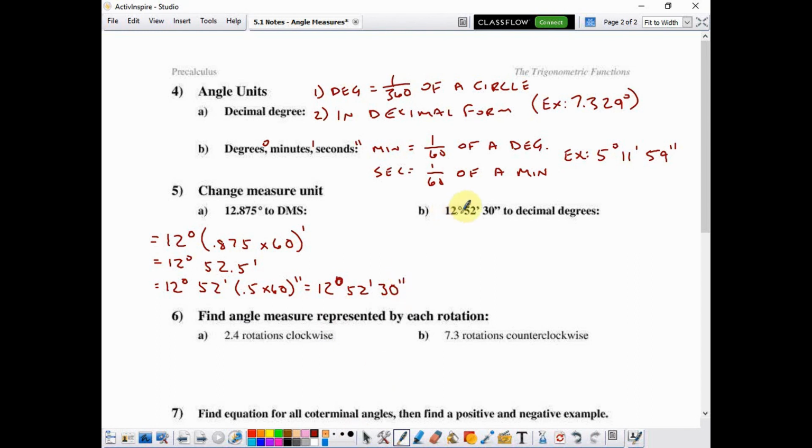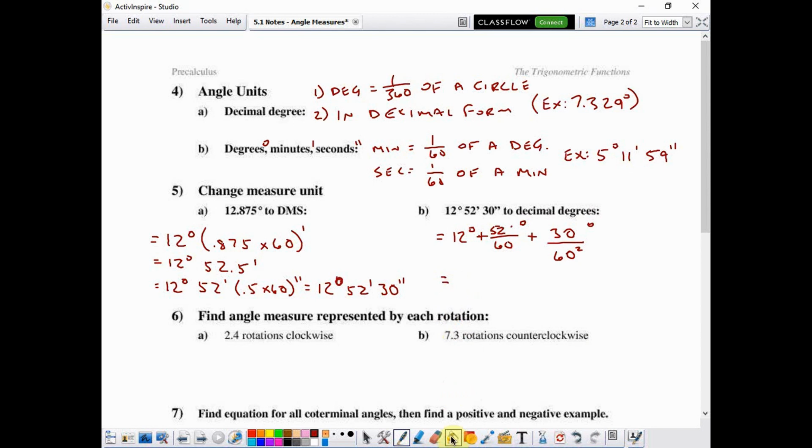Which happens to be exactly what we have here in B, so we're going to use that same degrees, minutes, seconds and convert it back to decimal degrees, so we should end up with 12.875. And here's how I do that. I have 12 degrees plus 52 60ths of a degree plus 30 over 60 squared degrees.